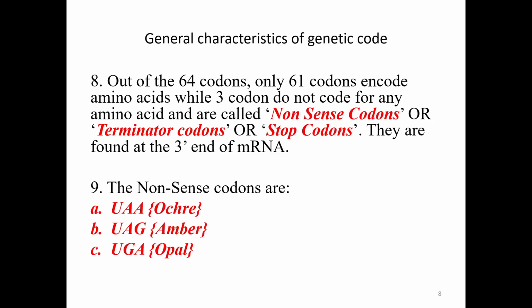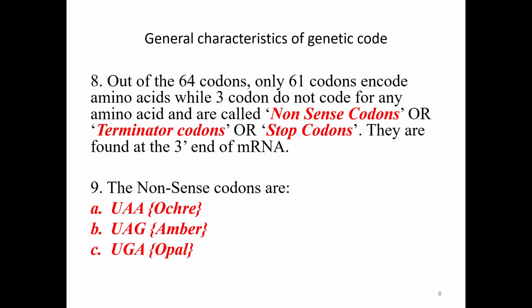Now, see, out of 64 codons, only 61 codons encode amino acids. How many left out? 3. Isn't it? See, these 3 codons do not code for any amino acid. Remember, they don't code for any amino acid. So, what do you call them? You call them nonsense codons or terminator codons or stop codons.